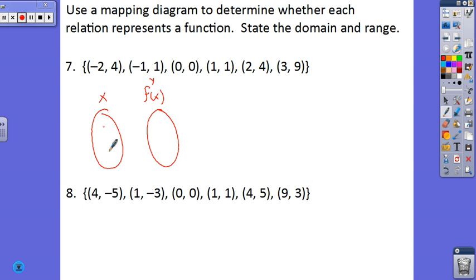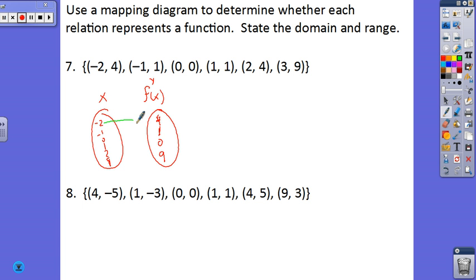But remember that I list all the values in my domain, and then I would list also all the values in my range, which are 4, 1, 0, 9.